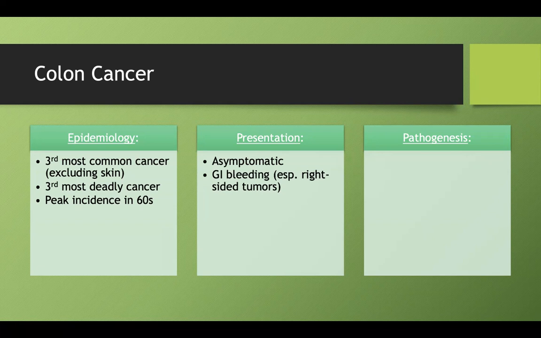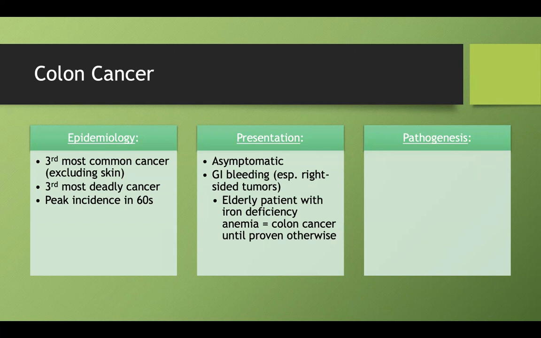Presents with GI bleeding, especially on the right side. So if you ever have a patient who's having some iron deficiency anemia in the elderly, you have to assume it's colon cancer until you can prove otherwise, because it's so common in that age group. You can also get bowel obstruction symptoms, especially with left-sided tumors. We kind of went into this a little bit with the anatomy section.